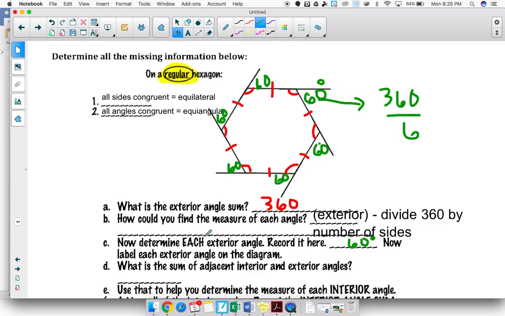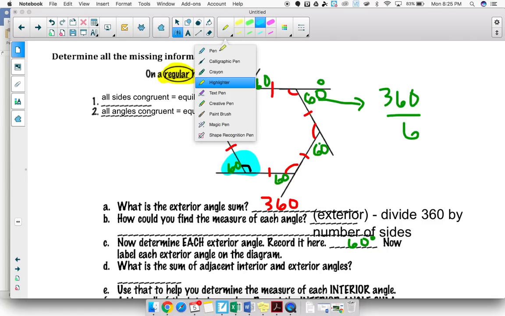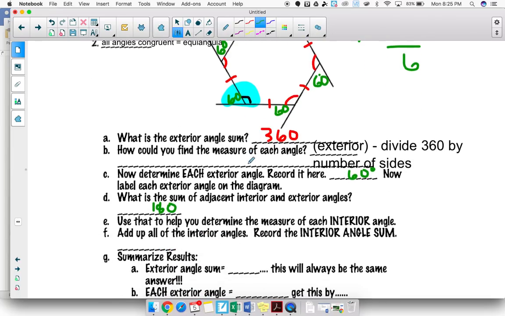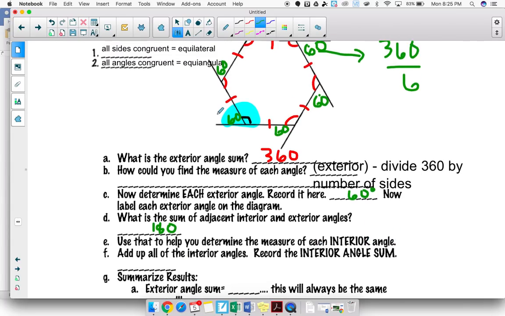All right, now what's the sum of the adjacent interior and exterior angles? In other words, if we focus on this linear pair, those two angles, since they're a linear pair, are always going to have a sum of 180 degrees. So if the exterior is 60, the interior would be 120.